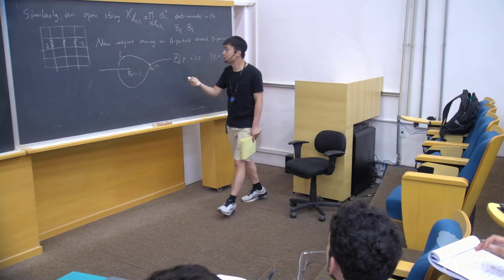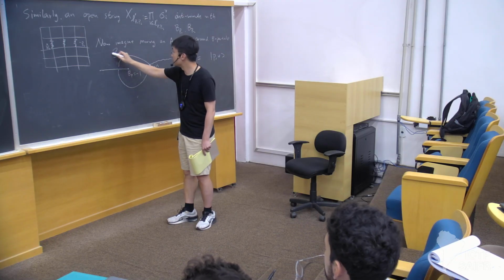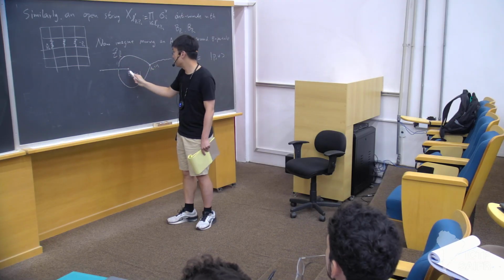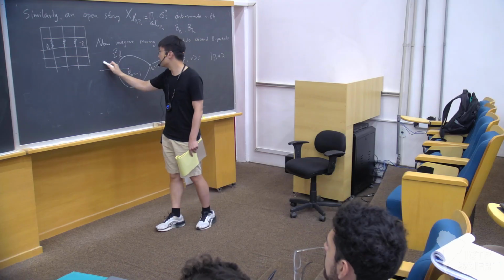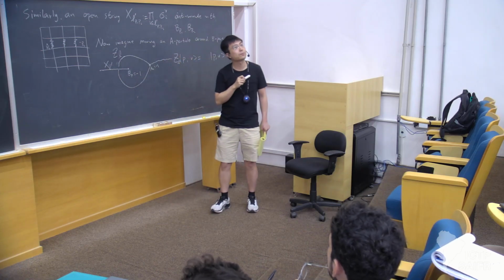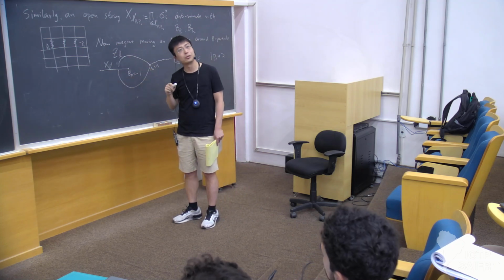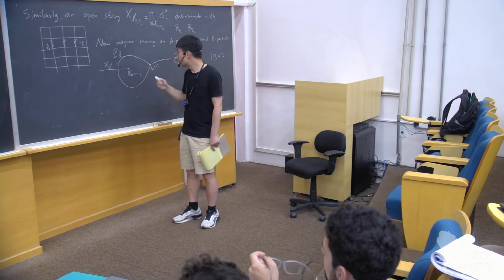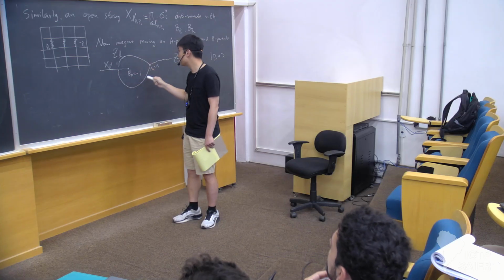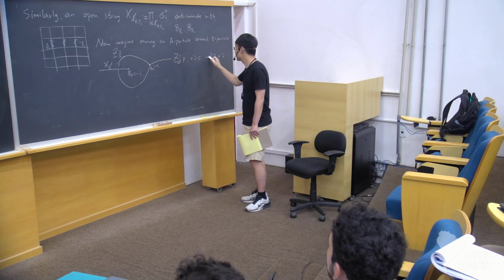However, notice that this is a Z particle, a Z loop operator. And to create this BP, I need an X operator here. These two anti-commute with each other. So when I apply this ZL operator, I actually get a minus sign.